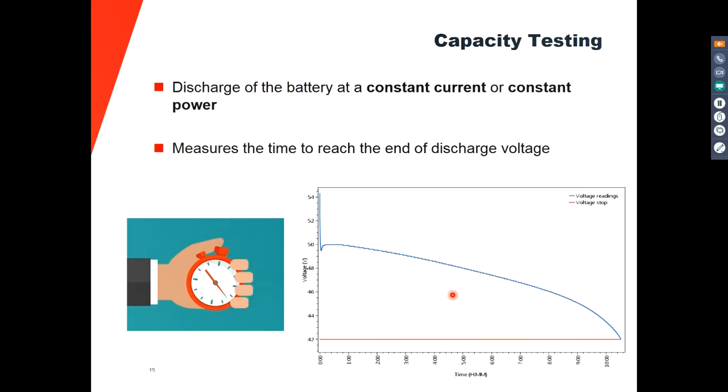That means you need to run the battery down to 42 volts, like in this example. And once the battery reaches that point, we have the time, and we also stop the test. The test has to be stopped there. The voltage cannot go beyond that. If not, the cells will be affected in their chemistry and capacity, and probably won't be able to recover that.